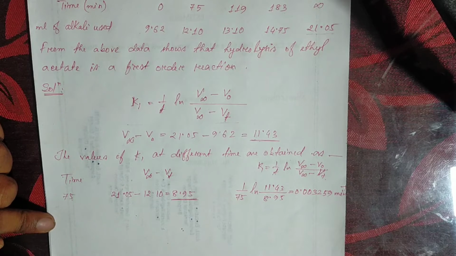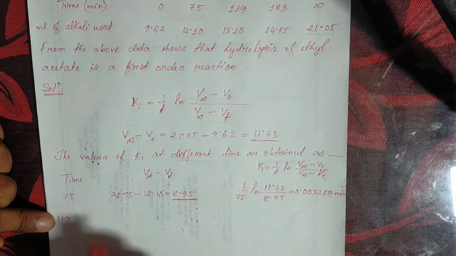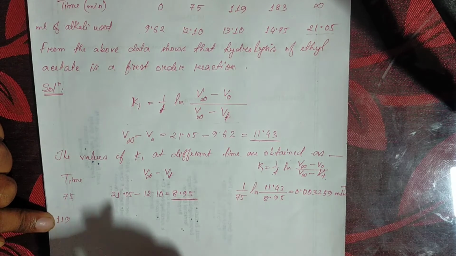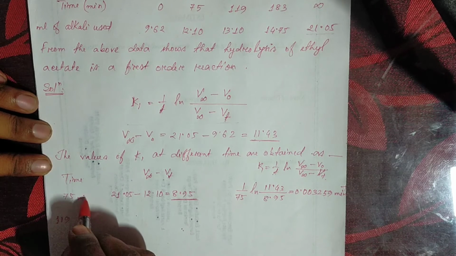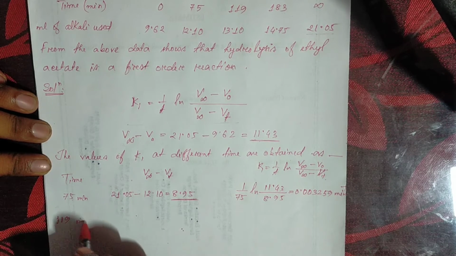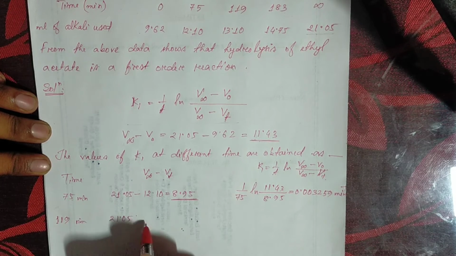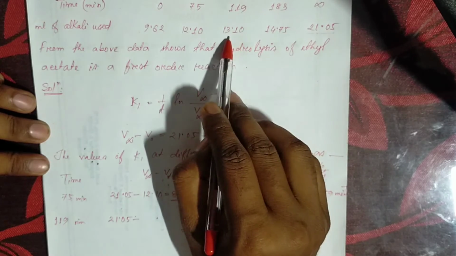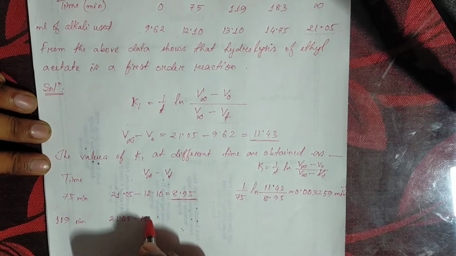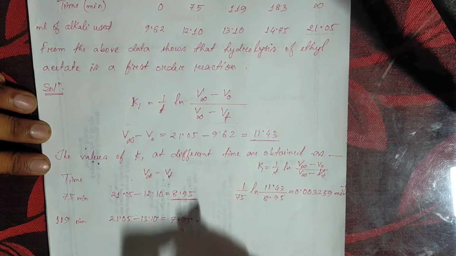Next we calculate when time is 119 minutes: 21.05 minus the volume 13.10 is equal to 7.95.